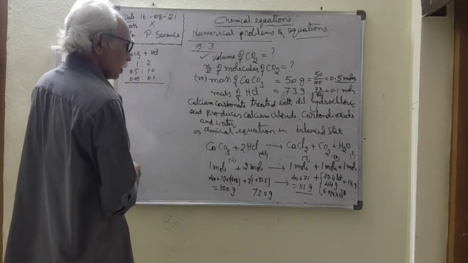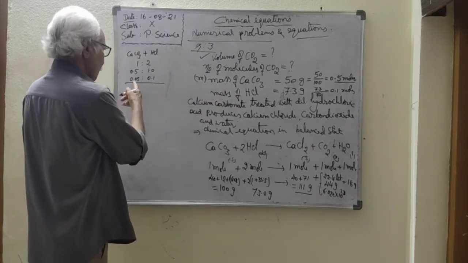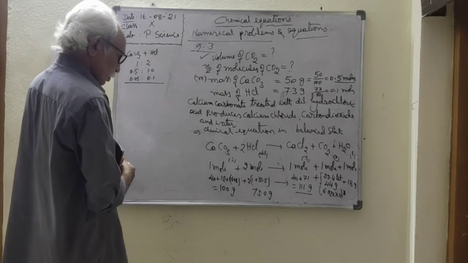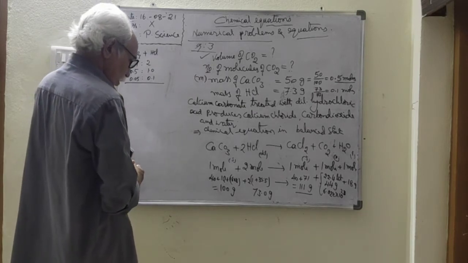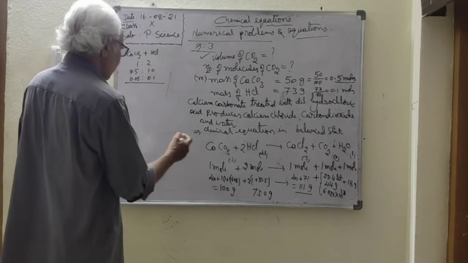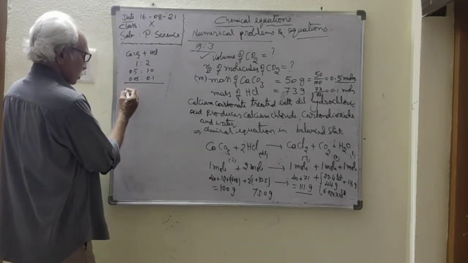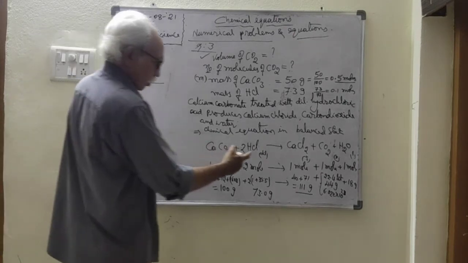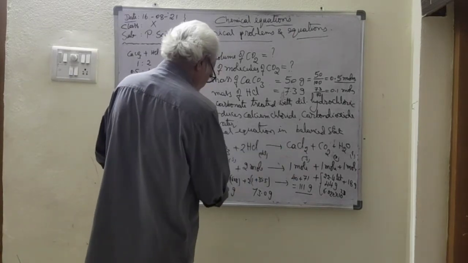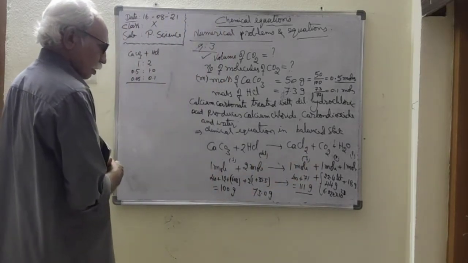So now we have to find this answer according to this equation. 0.1 mole HCl reacts with 0.05 moles CaCO3. How many moles of carbon dioxide? 1 mole calcium carbonate produces 1 mole carbon dioxide.